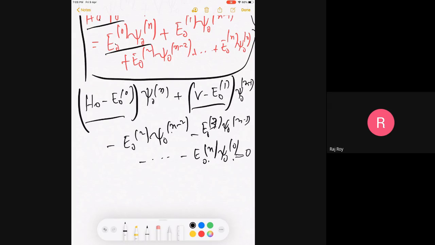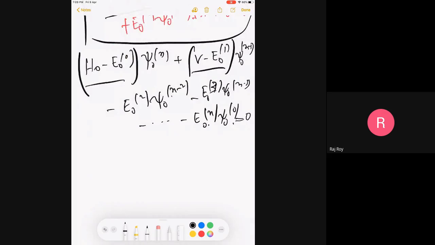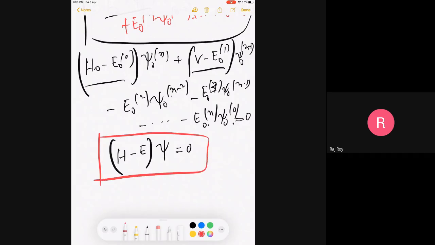And this is actually nothing but the nth order equation of H minus E psi equal to 0. Had I written my Schrodinger equation as H minus E psi equal to 0, and then you look at this as nth order, there are 2 terms, 0n, 0n. First order, this is first order. When it is first order, everything must be first order in this parenthesis.